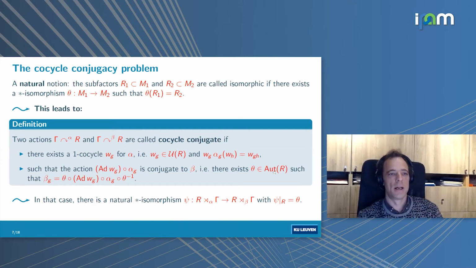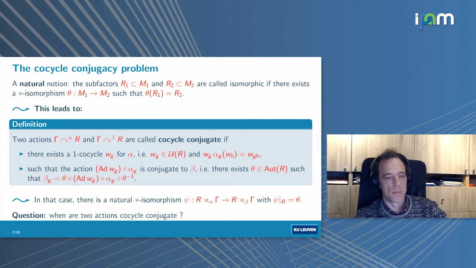Okay. So the notion of cocycle conjugacy, although if you look at the formulas it may sound weird, is very natural because it's really isomorphism of the cross-product inclusions. And then the cocycle conjugacy question is, when are two given actions cocycle conjugate?